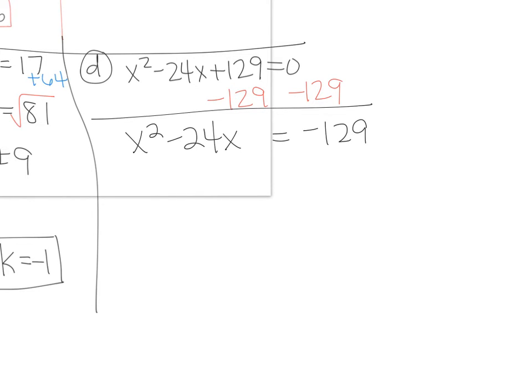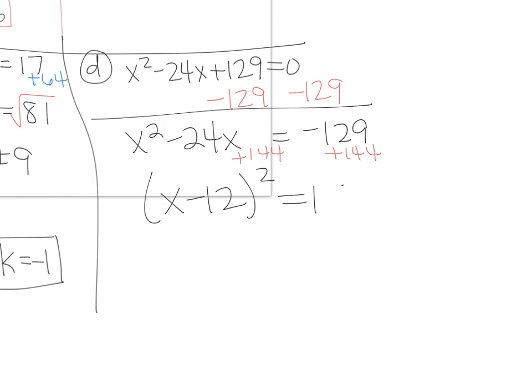And so my perfect square dimensions are going to be x minus 12 squared. And then I have to add to both sides to make that perfect square 144. Because it's getting late and I don't want to make any more mistakes tonight, 144 minus 129 is 15.